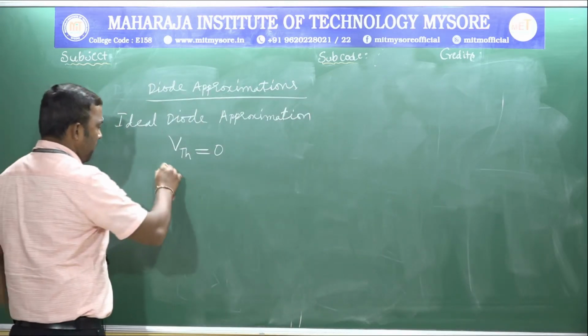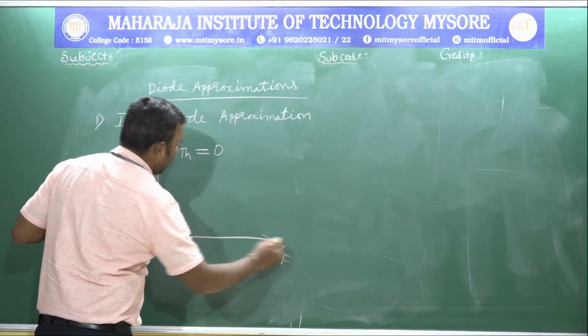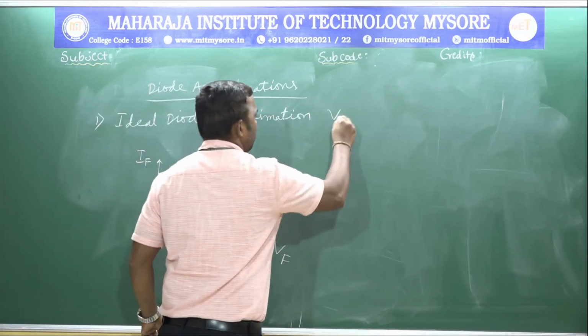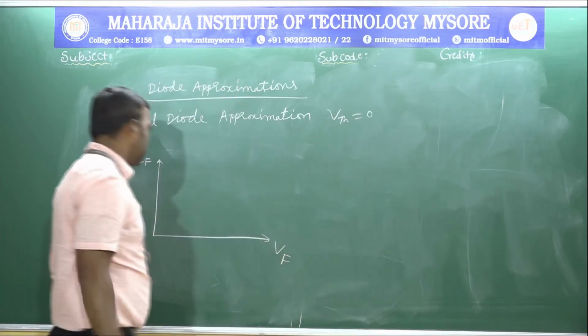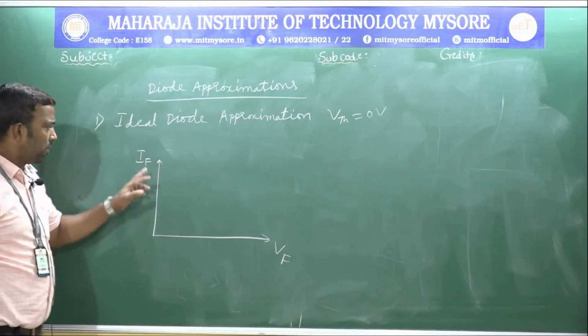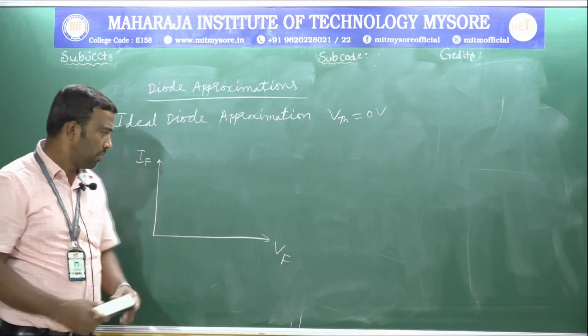For example, consider the characteristics with IF along the y axis and VF along the x axis, in which VTH equals 0 volts.